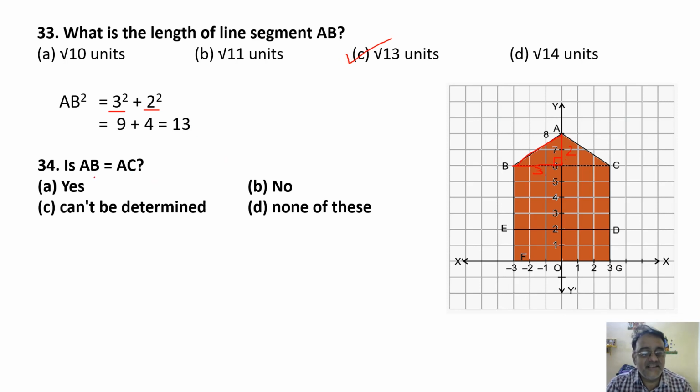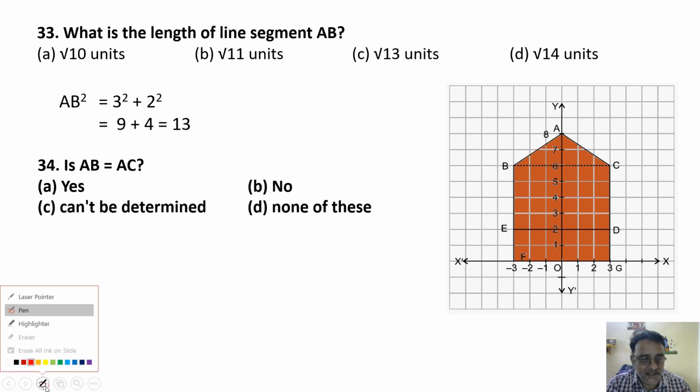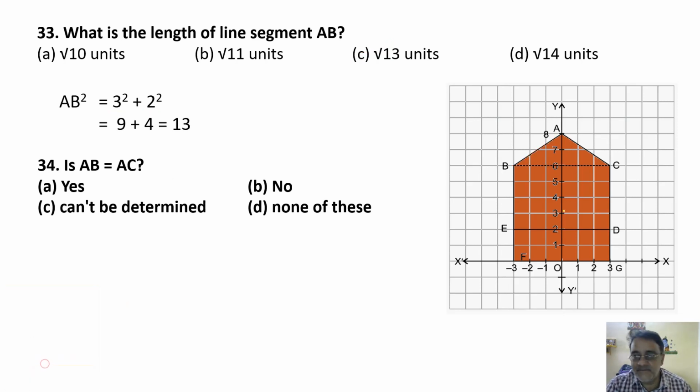Now next is AB equal to AC? So that we have to check, right? Wait a minute, the red color is not visible properly, so let's take a light color, right? Now look carefully at this triangle. Now this is 3 and this is 2. Again by using Pythagoras theorem, we are going to find AC, right?